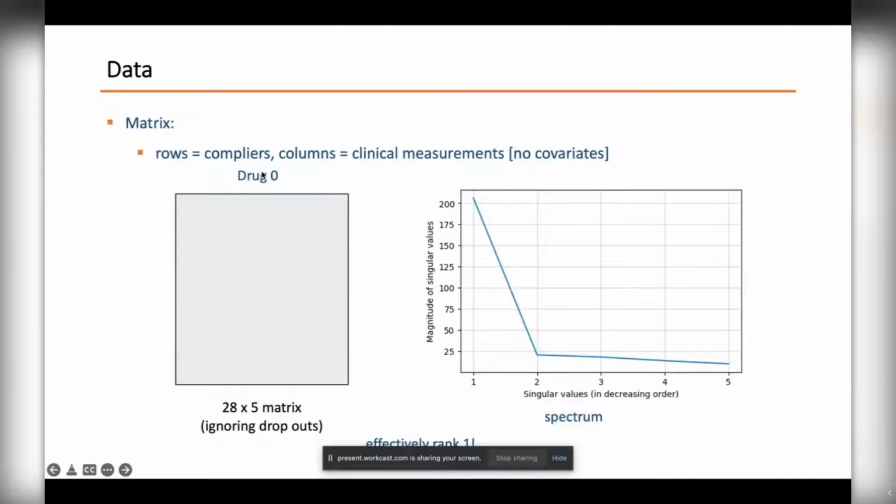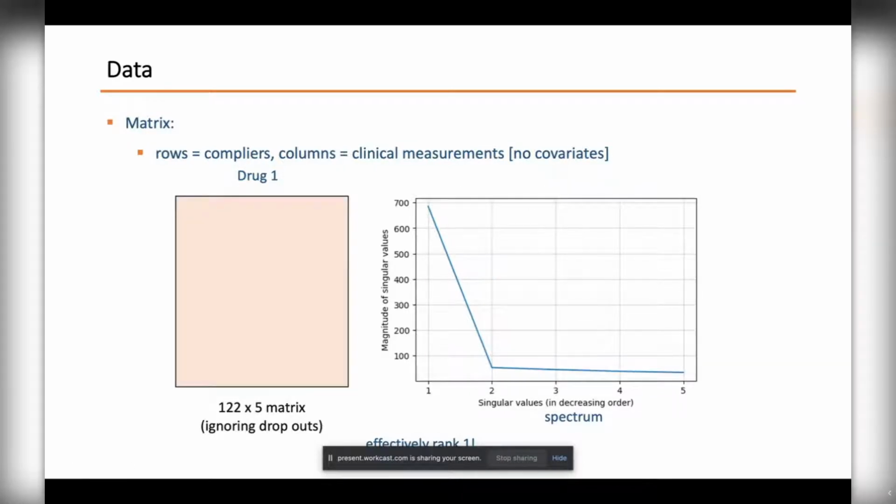You might remember or not that for the first drug 0, we had 28 compliers out of 36 or so people assigned to it. For this matrix, if you plot the spectrum, it looks like it is rank 1. That is, its largest singular value is pretty high compared to all the other singular values, which are effectively flat. Okay, and for these measurements, I'm not using covariates.